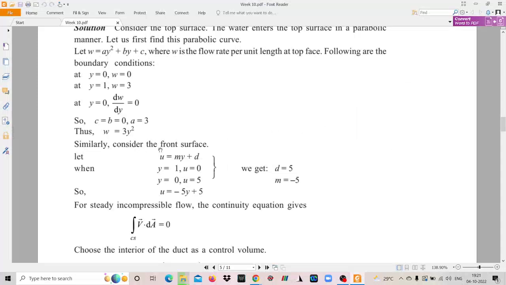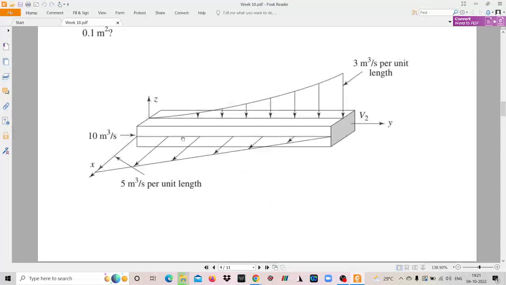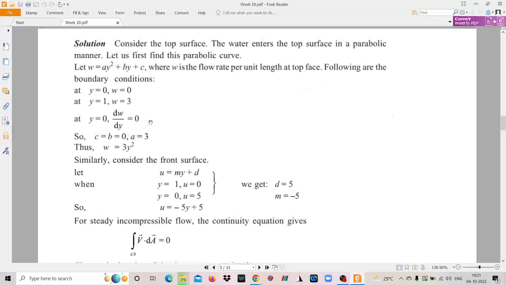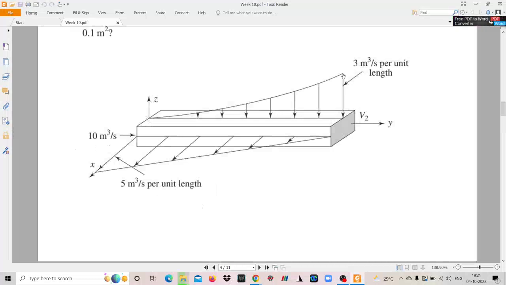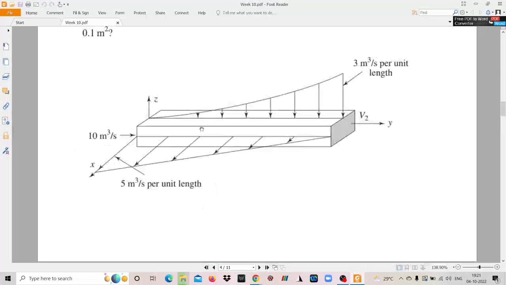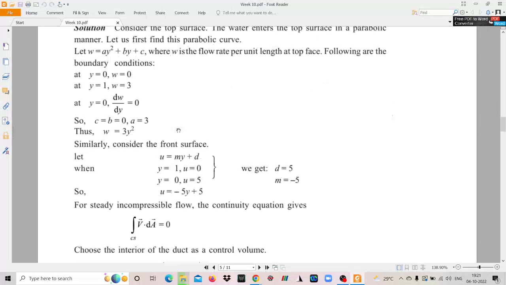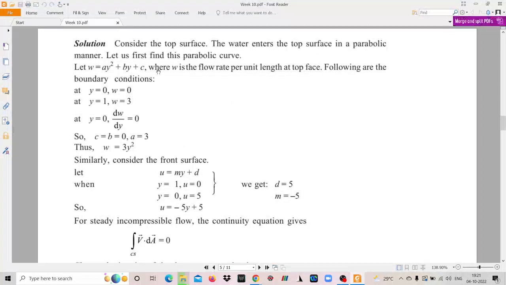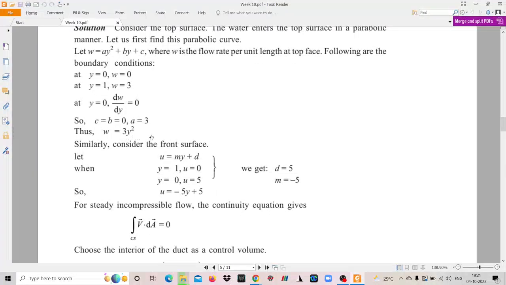Further, at y equal to 0, it is maximum here, so what will be the slope dw by dy, the slope of w with respect to y? It is 0. So there are three unknowns and three conditions. If you use these conditions, you will get w equal to 3y square.